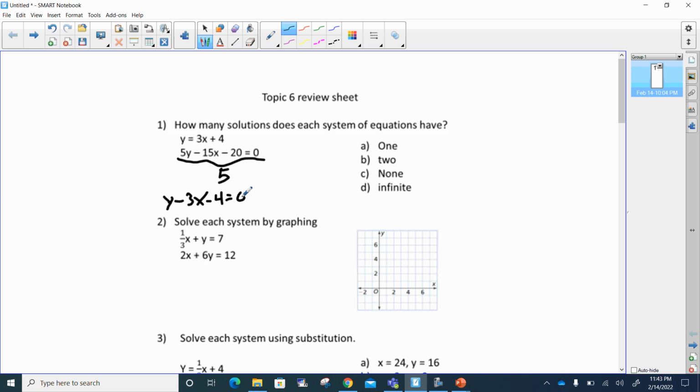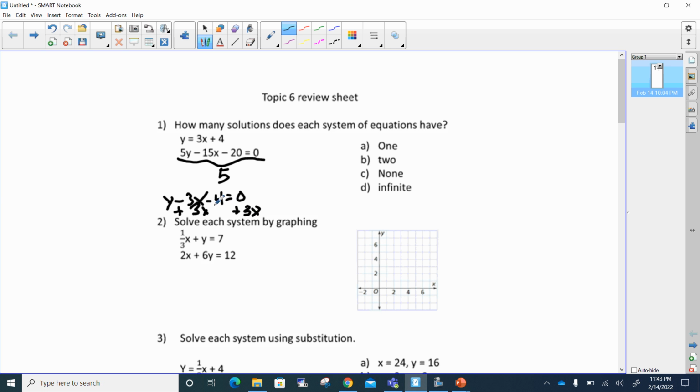Now we have to turn it into y-intercept form. So I'm going to have to take the x and the number and move it to the other side so it will be in the same form. I'm going to add 3x to this side, which means I will have to add 3x to this side.